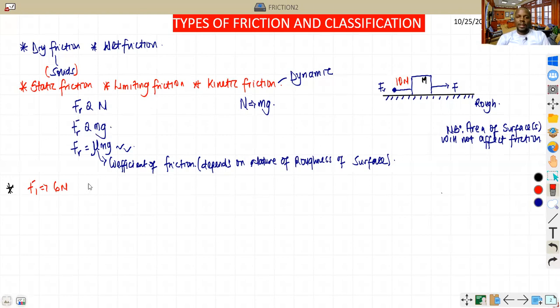The type of friction force acting on a body that keeps the body at static equilibrium is called static friction.